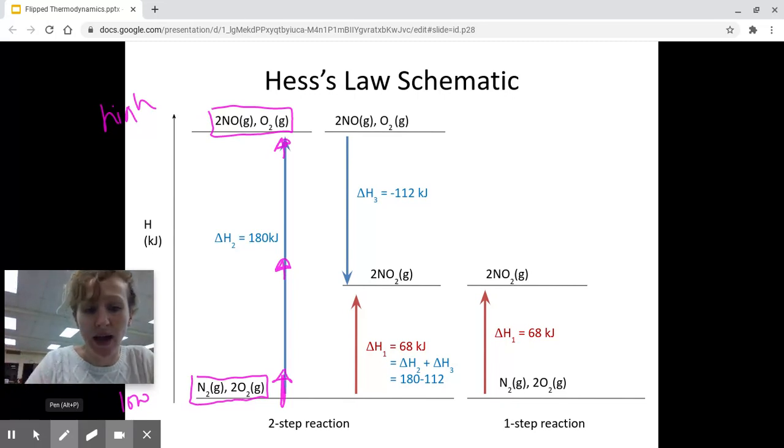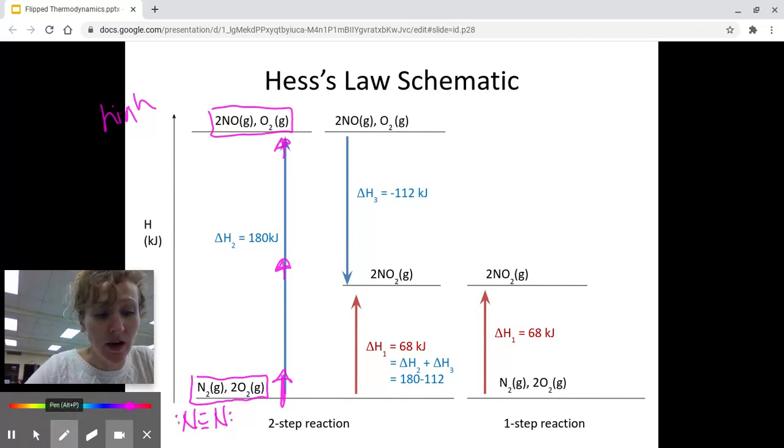So basically what happens is we are taking that nitrogen, it's actually a triple bond if you look at the Lewis dot diagram, and we are breaking that bond. And then you're also taking one of the oxygens.